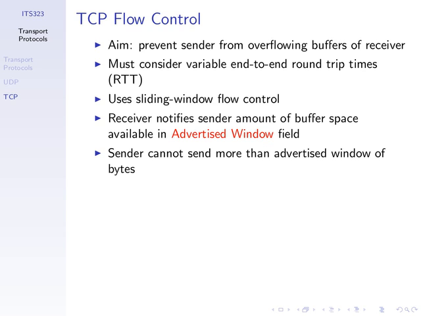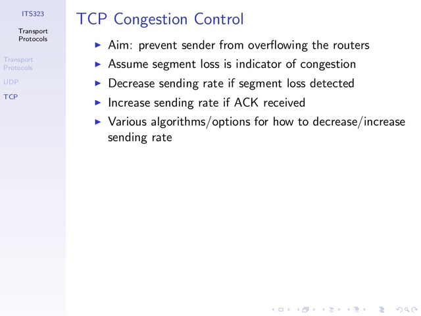It gets a little bit more complex. And even more complex is congestion control. If you send too fast, the routers in the internet may overflow. Therefore, TCP has a mechanism to slow down if it detects such congestion. But the algorithms for that become quite complex. Some of you will cover it next semester in internet technologies and applications, if you choose that option.